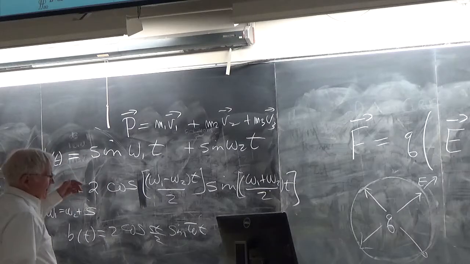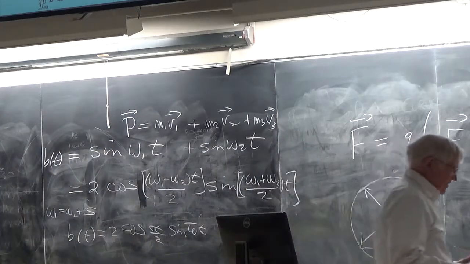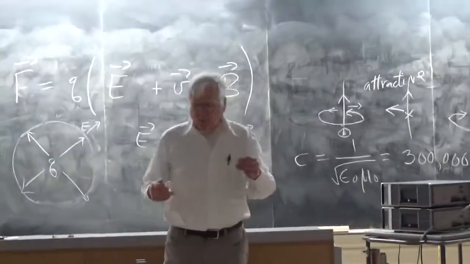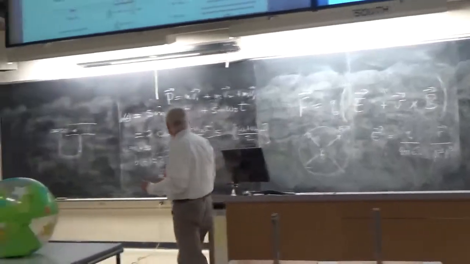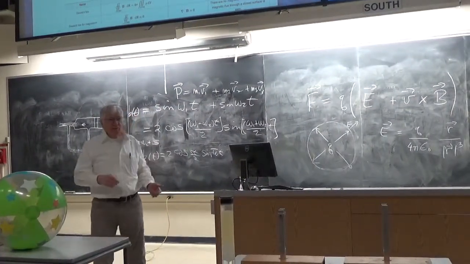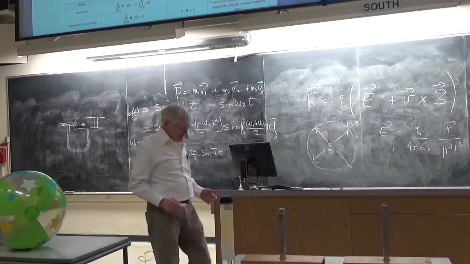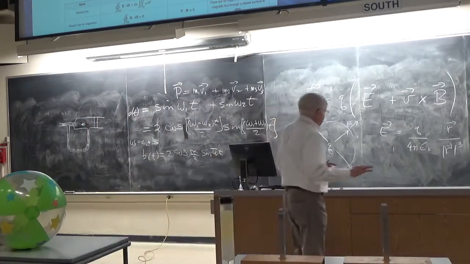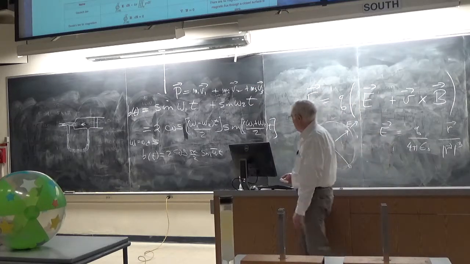In any event, you count up all the particles, they each have mass M1, M2, M3, and so forth. They're moving at velocity V1, V2, V3, and so forth. You add up the products of M1 V1 plus M2 V2, and so forth. That's the momentum. In empty space, or if there's nothing acting on those particles, then that momentum is conserved.